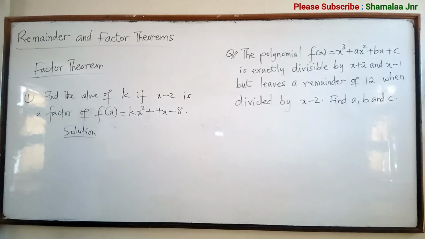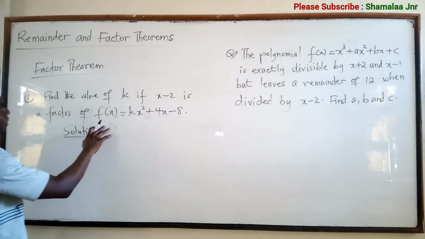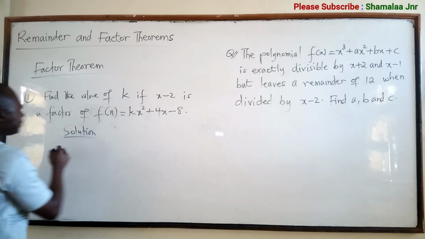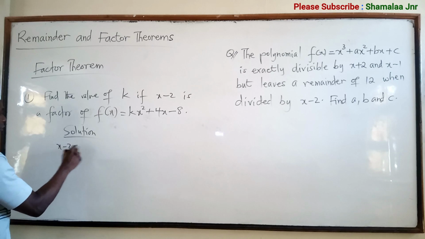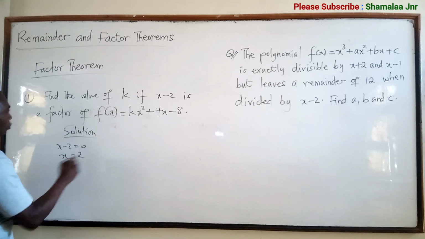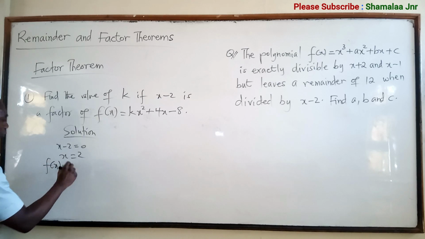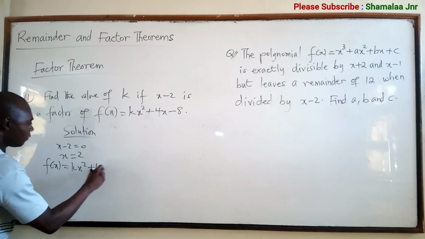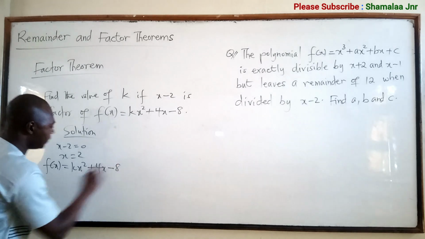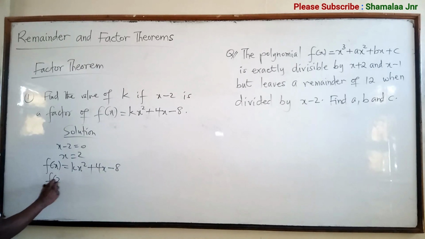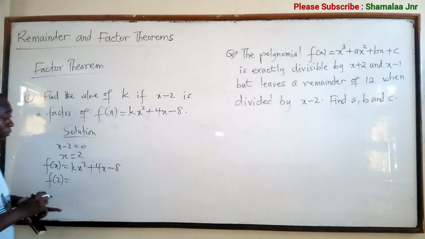Now, viewers, look on the board. Because we are saying that x minus 2 is a factor, it means that x minus 2 is equal to 0, x is equal to 2. What it means is that if you have f of x equal to kx squared plus 4x minus 8, and x minus 2 is a factor, then f of 2 should be equal to 0.